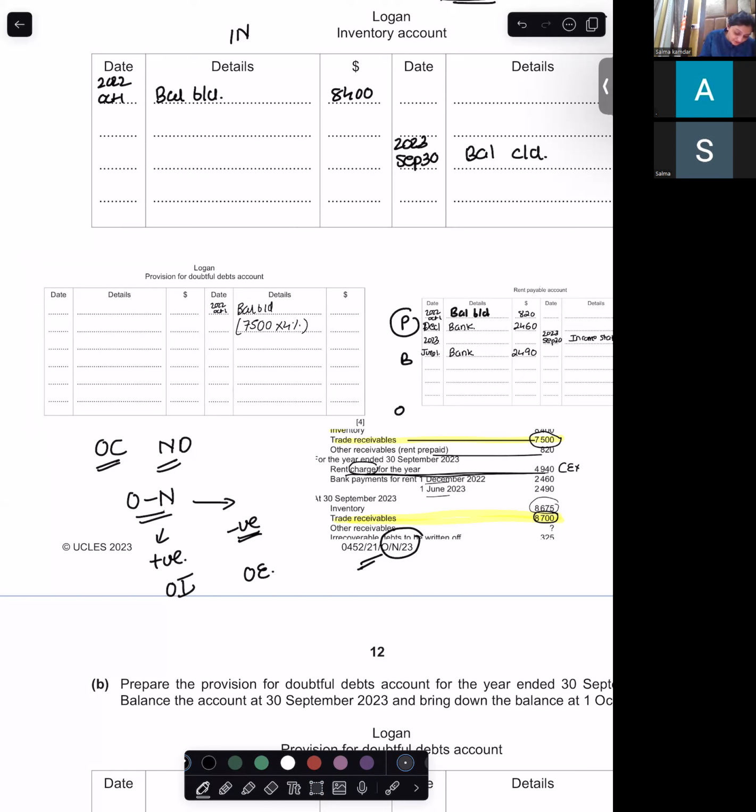New provisions on the debit side, 2023 September 30, so it will be balance carried down. New provisions on the closing trade receivables. Closing trade receivable is 8,700 into 4%.